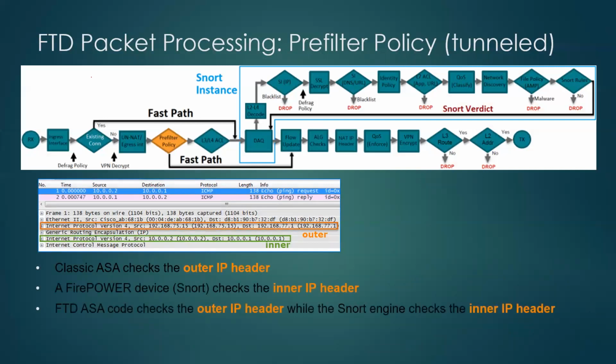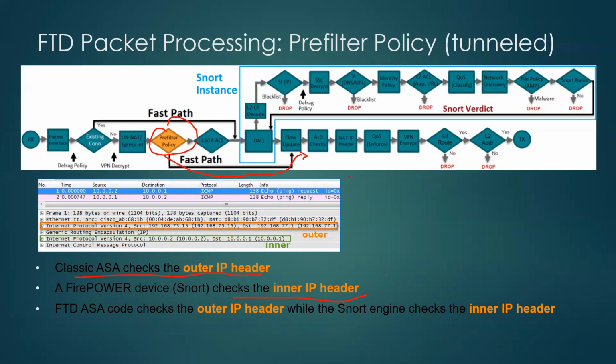So how will the checks happen? The ASA will check the outer IP header. FirePower will check the inner IP header. Now here maybe you can ask me that I told you the pre-filter policy simply skips the Snort engine, right?